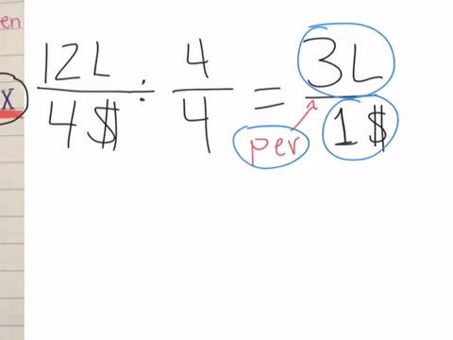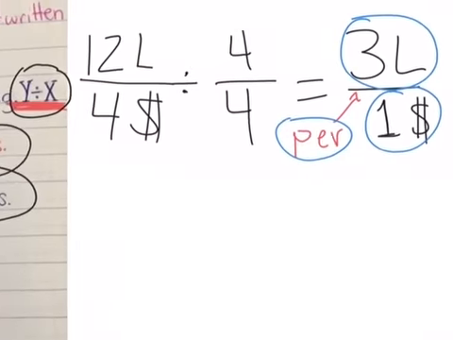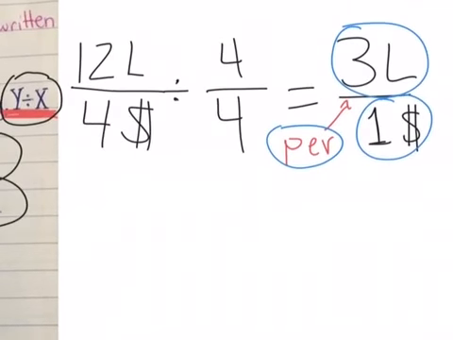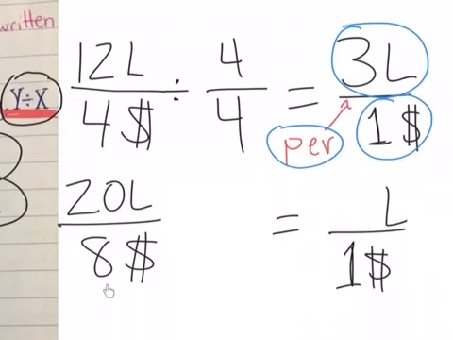Same thing if we want to test it out for the next one. Pepsi was $8 for 20 liters. So let's go ahead and put our 20 liters on top, our $8 on the bottom. So that was step 1, write the ratio. Step 2, write the goal. We want to figure out how much $1 will get us, how many liters. So in order to get from 8 to 1, we have to divide by 8.